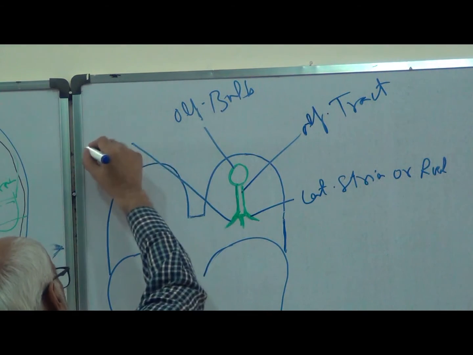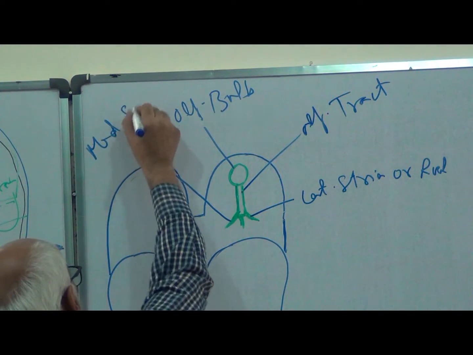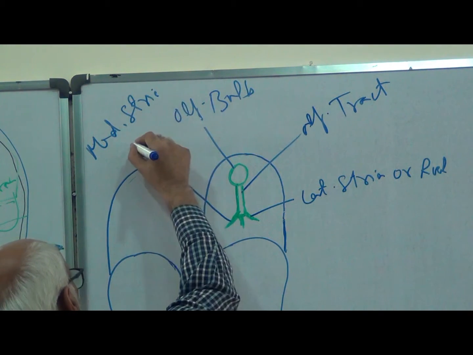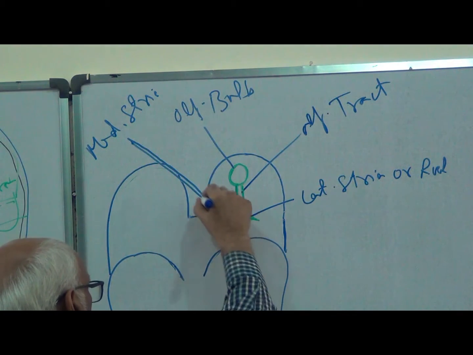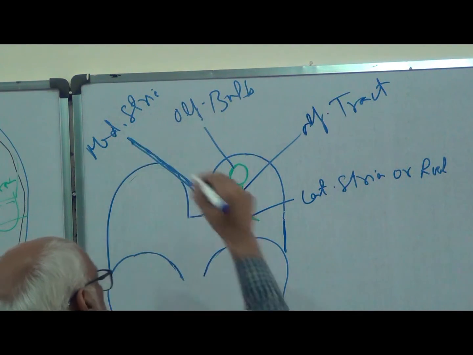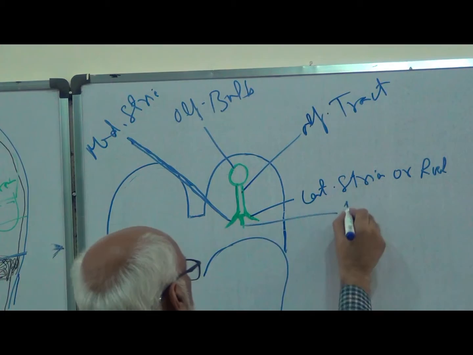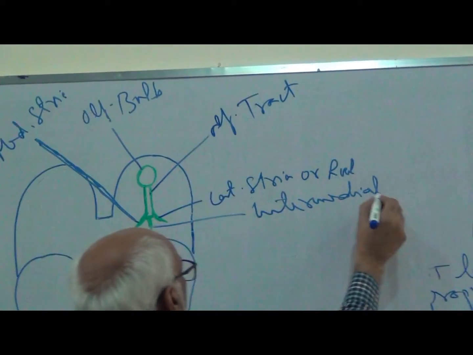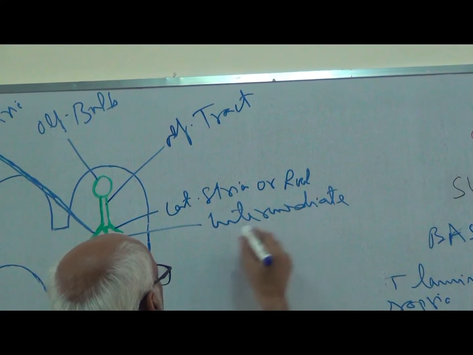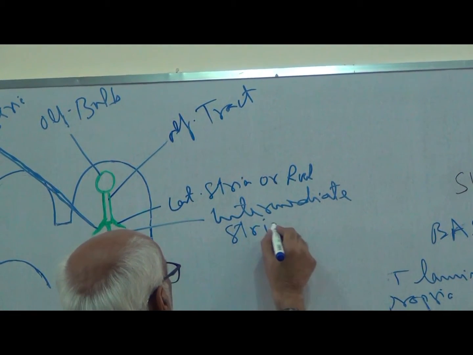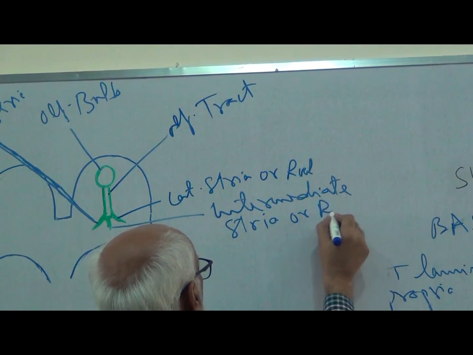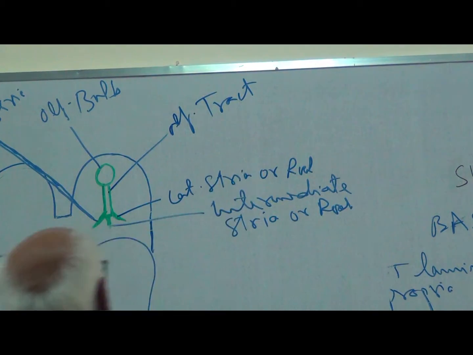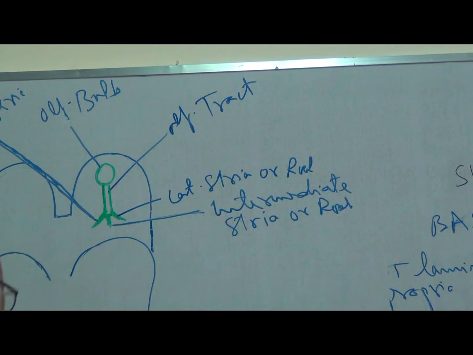This is the medial stria of the olfactory tract, and this is the intermediate stria or intermediate root of the olfactory tract.